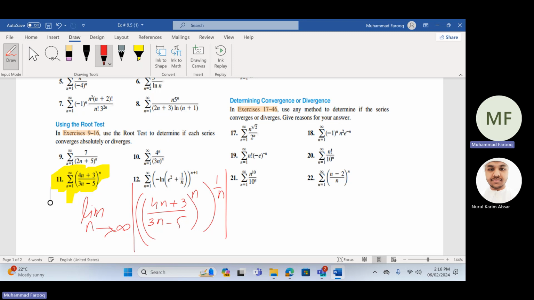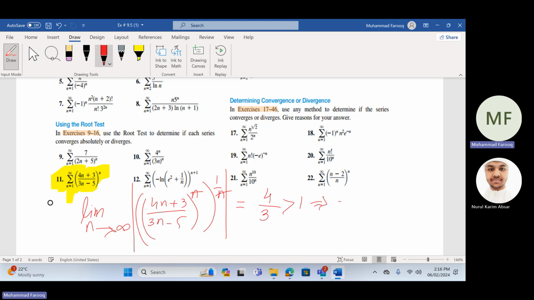So apply the nth root on the expression, and this n is cancelled out. Now we apply the limit to infinity. You can use a shortcut: because the up degree and down degree are the same, we take only the coefficients. The leading coefficient in the numerator is 4 and in the denominator 3. The absolute value is the same. 4 over 3 is greater than 1.